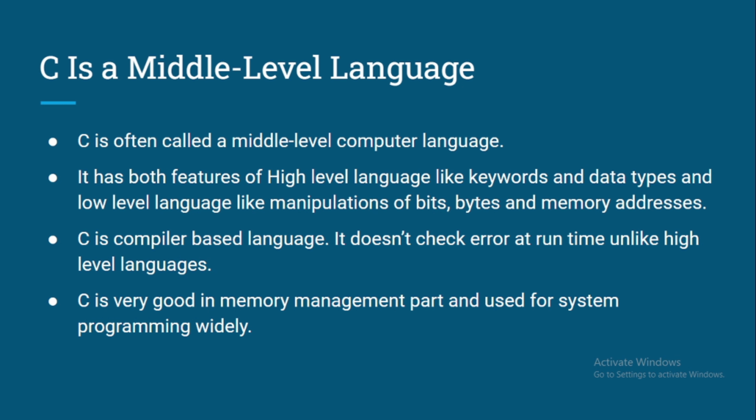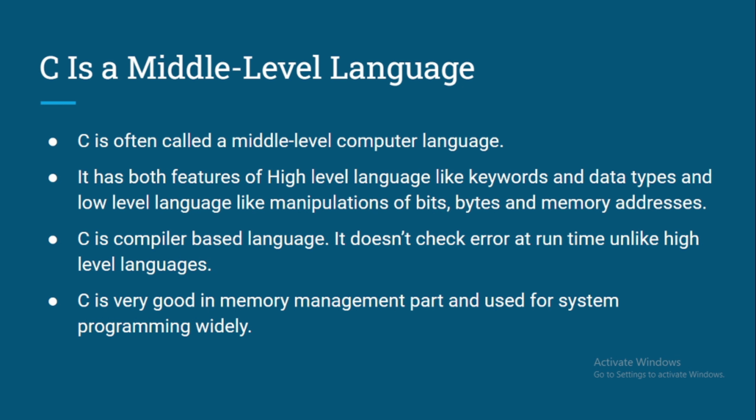And if I talk about the next point, C is a compiler based language, which means in C we have a compiler that compiles the program before running it, right? It will check if there is any error in the program. After all the checks are done at the compile level, we are able to run that program, right?